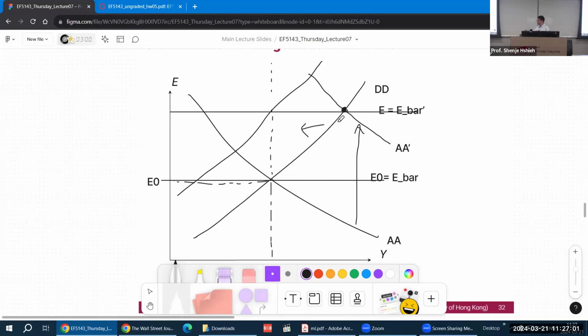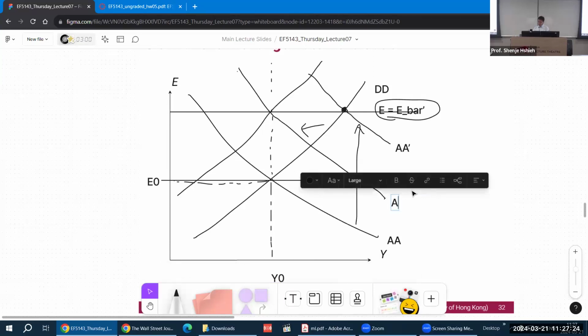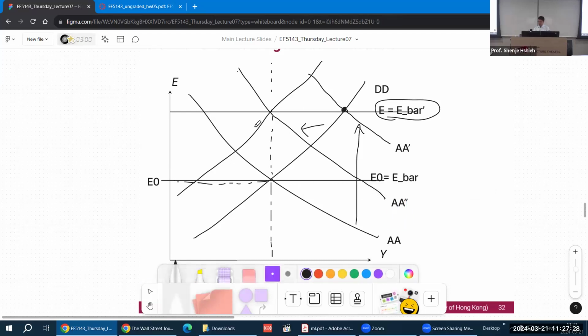But AA will also shift because of prices. But the central bank, because it has committed to E bar prime, still has to maintain forever some money supply level that allows us to intersect precisely at this point here. Because that's what they promised.